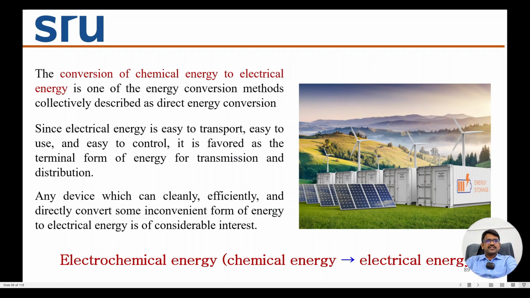So the conversion of chemical energy to electrical energy is one of the energy conversion methods collectively described as direct energy conversion. So the chemical energy can be directly converted into electrical energy. Since electrical energy is easy to transport, easy to use, and easy to control, it is favored as the terminal form of energy for transmission and distribution.